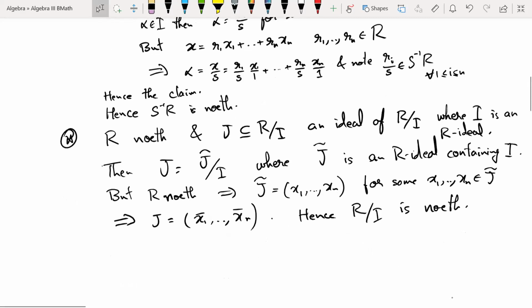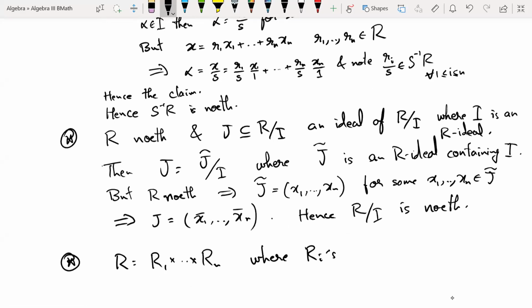Similarly, even in a product of rings, if R is R1 cross ... cross Rn, where each Ri is Noetherian, and I is some ideal in R. What do we know about I?